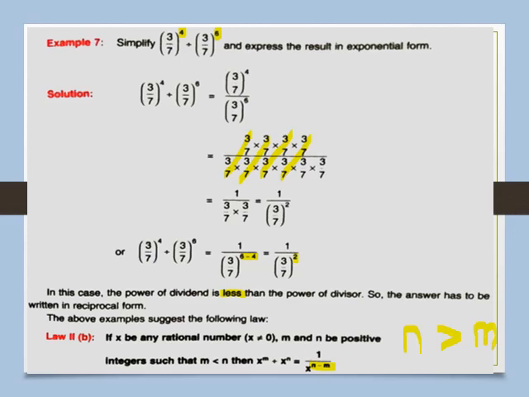And therefore the above example suggests the following law, that is second B. If x is any rational number, x not equal to 0, and m and n are positive integers such that m is less than n, then x raised to m divided by x raised to n equals 1 upon x raised to n minus m. Dear students, remember this is n minus m, because n is greater than m, and therefore we write it in the denominator as 1 upon x raised to n minus m.